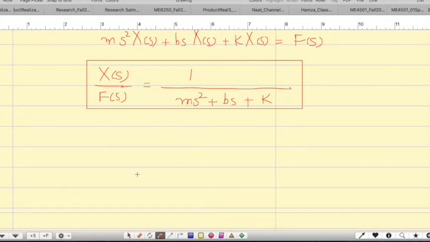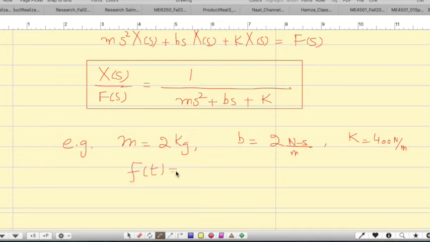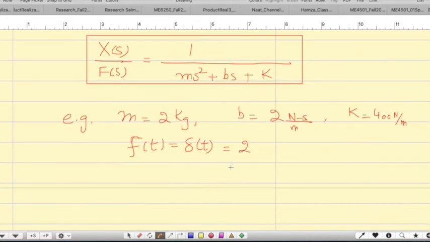Let's assume, for example, let's find out the time response. m is 2 kg and b is, suppose, 2 Newton second per meter, and k is, suppose, 400 Newton per meter, and the driving force is delta, maybe like 2. It's okay.